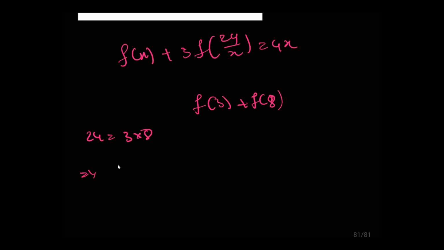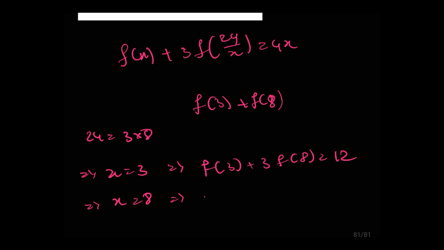Therefore, let us substitute x equals 3. We will get f(3) + 3f(8) equals 12. And if we substitute x equals 8, then we will get f(8) + 3f(3) as 32.